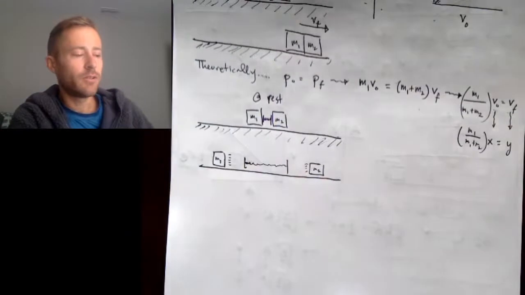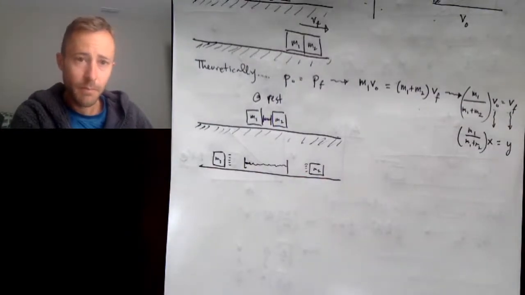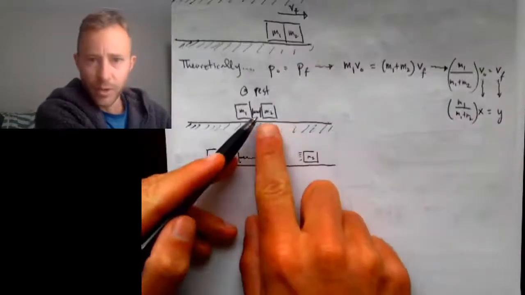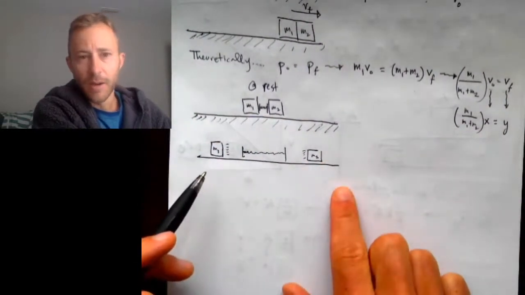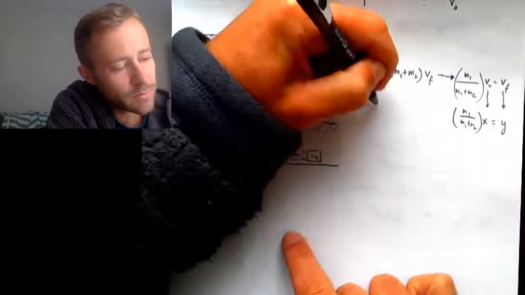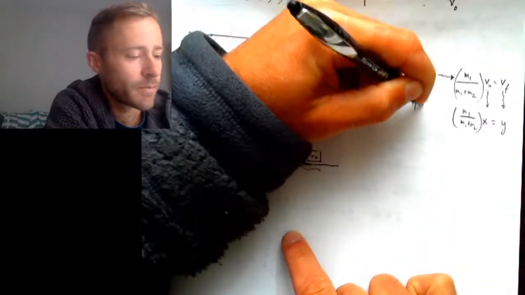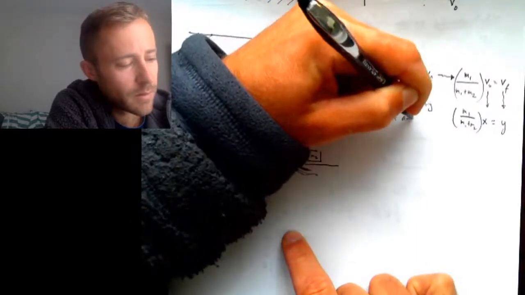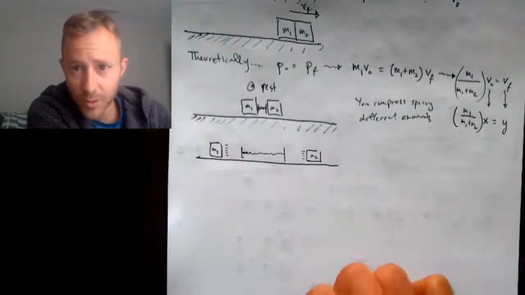Okay, and so the more you compress the spring initially, the higher these speeds are going to be. So maybe what you do is you compress the spring different amounts. And then you see what is the relationship between these two speeds.